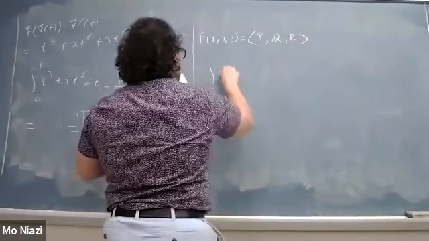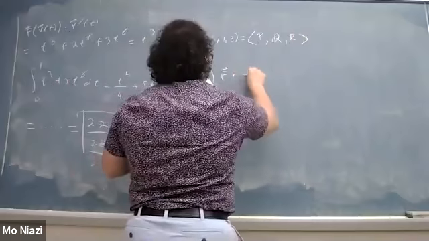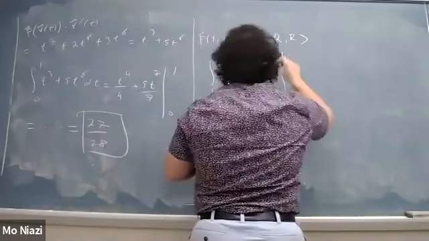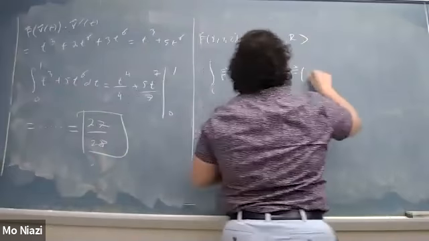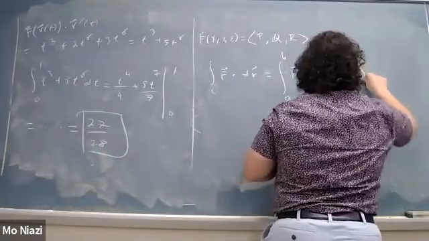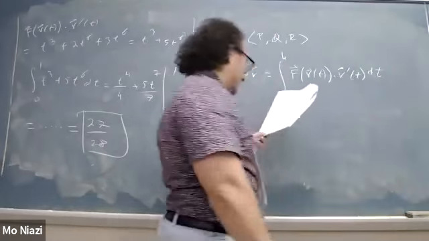And then our line integral can be expressed as an integral from a to b of f of r of t dot r prime of t dt.